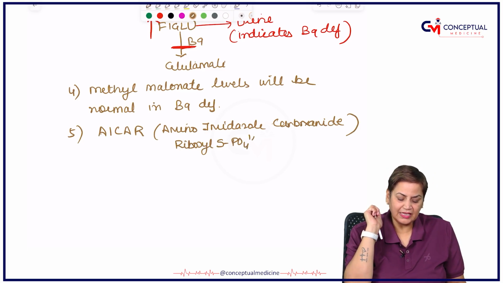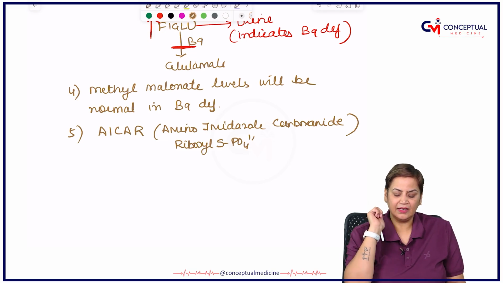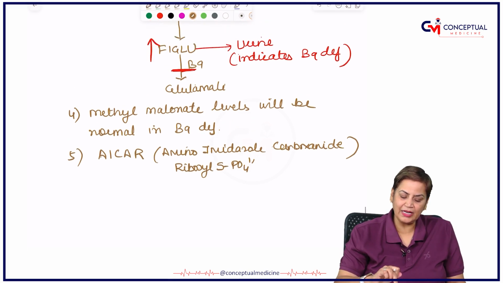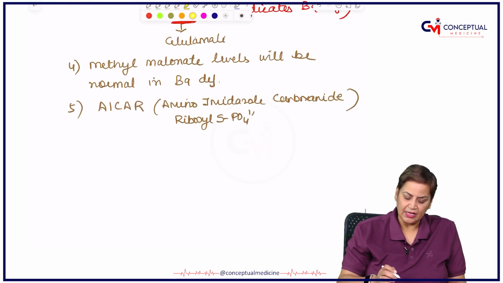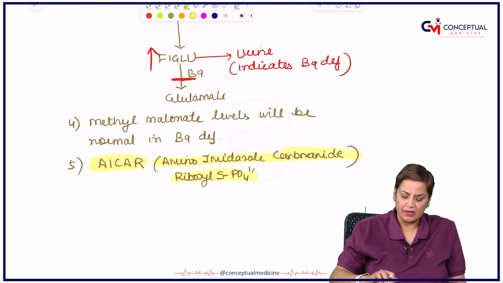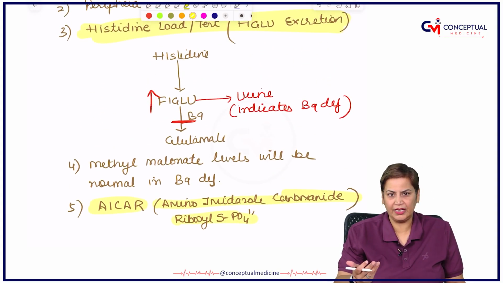So these are the tests by which we can detect the deficiency of B9, but the most frequently used test is the histidine load test. So this is a very important vitamin which is hematopoietic in nature.